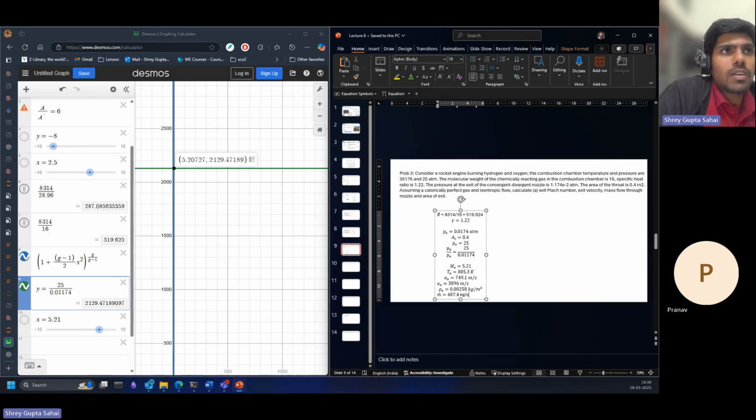Can we use a variable area duct? Suppose there's a converging diverging nozzle. Can we use a diverging converging diffuser to diffuse it to stagnation conditions so that there are no losses at the end of the diffuser?